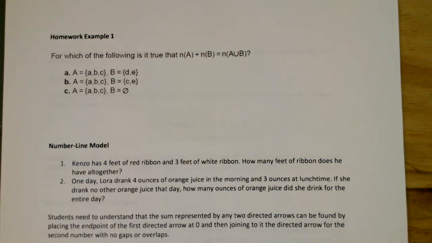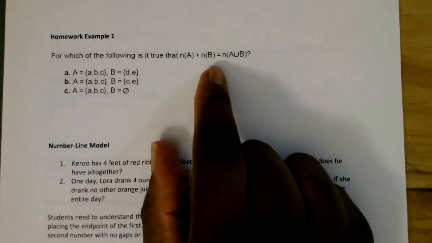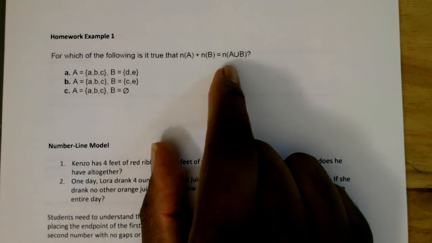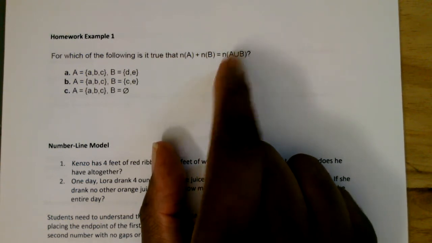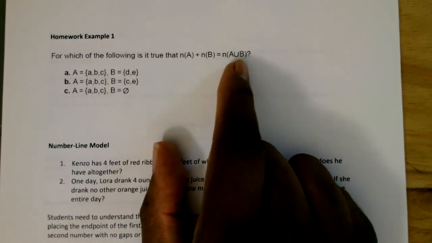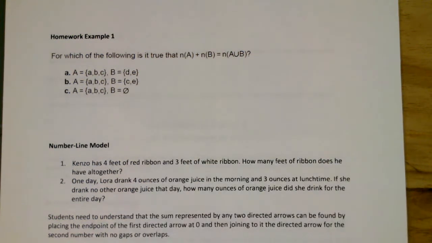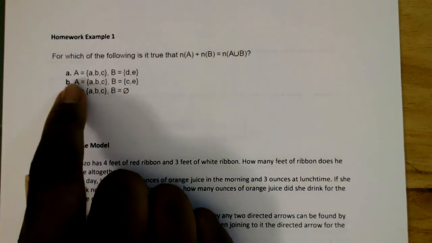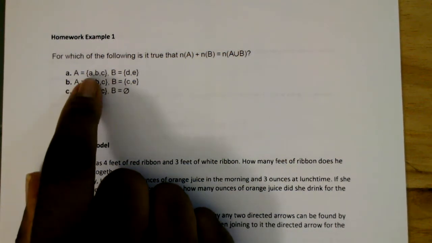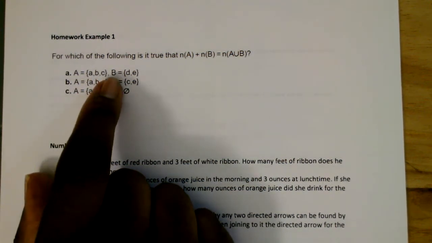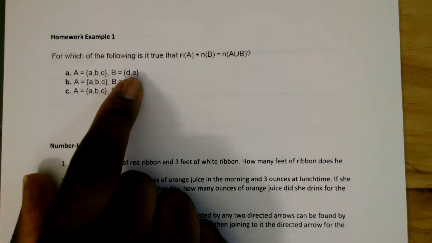So in this first example, for which of the following is it true that the number of elements in A plus the number of elements in B is going to be equal to the number of the elements in the union of A and B? Okay. So in part A, we got A, which has the elements a, b, and c, and B with the elements d and e.